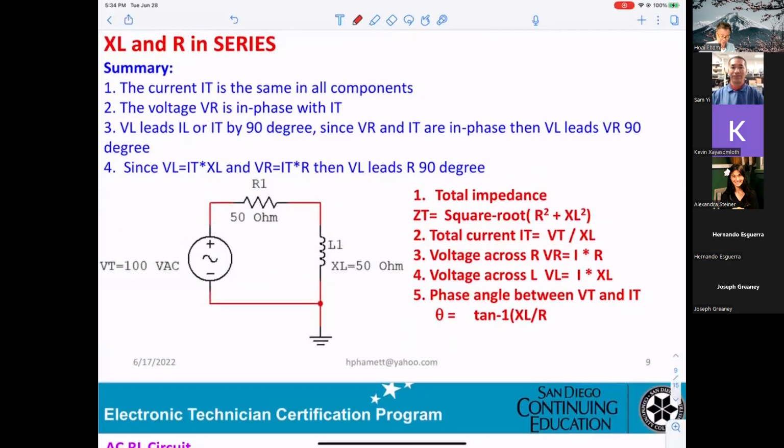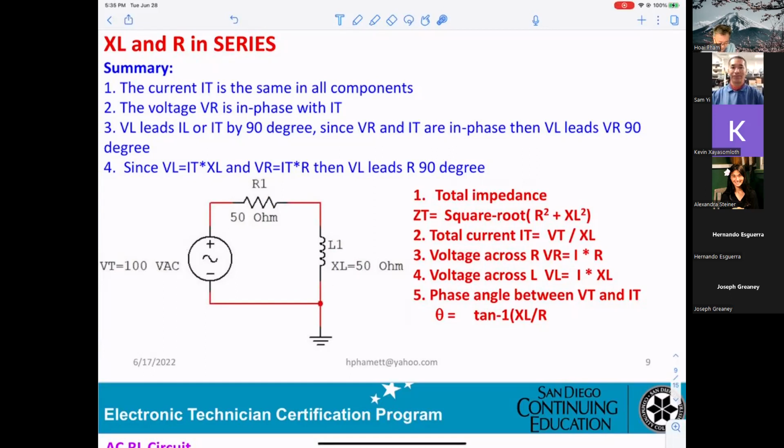Now we get to XL and R in series. Last time we talked about the capacitor in series with a resistor, and now we deal with an inductor in series with a resistor. See what they said. The current I total is the same, since in a series circuit the current is the same through R1 and L1.